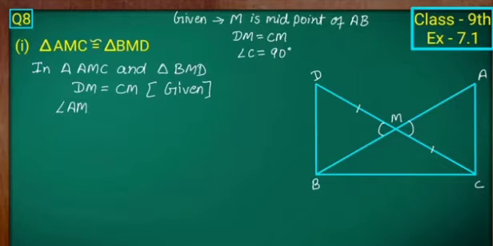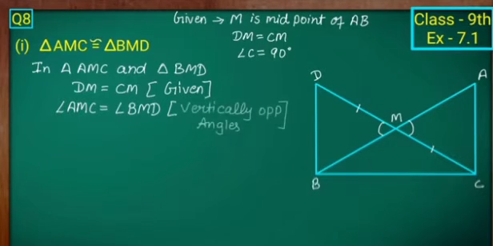So, second step: angle AMC equal to angle BMD, the reason is vertically opposite angles. Students, be careful: one side over, then angle also over.